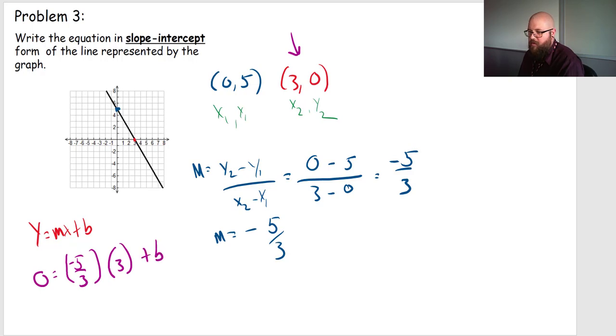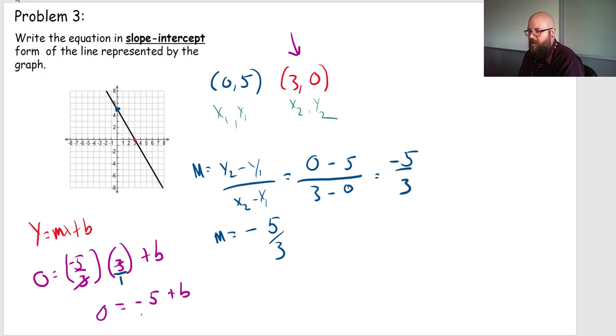Hopefully you see that having this 3 here is like having 3 over 1. So in other words, we multiply these together, these 3's can cancel out. So this 3 can go into this 3, and we're left with negative 5 over 1. So we have 0 equals negative 5 plus b.